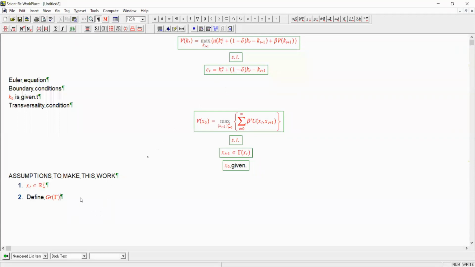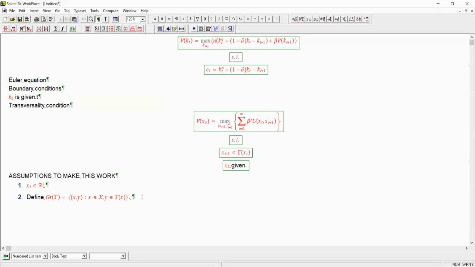The graph of that is the set of pairs x and y such that x is an element of X and y is an element of gamma of x.